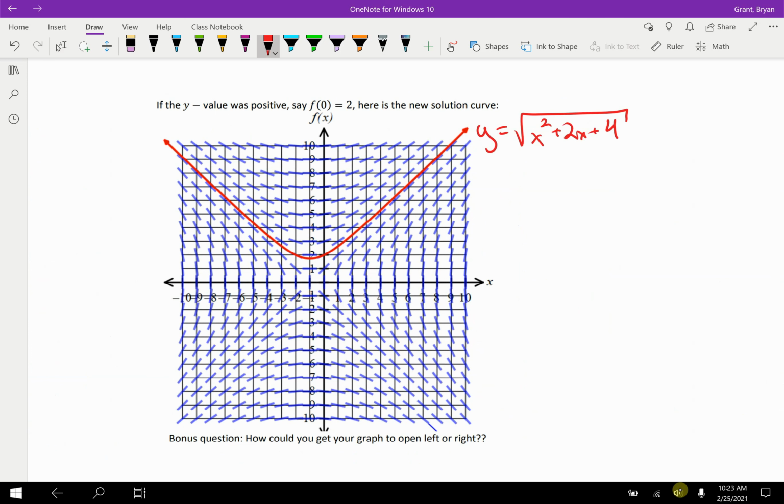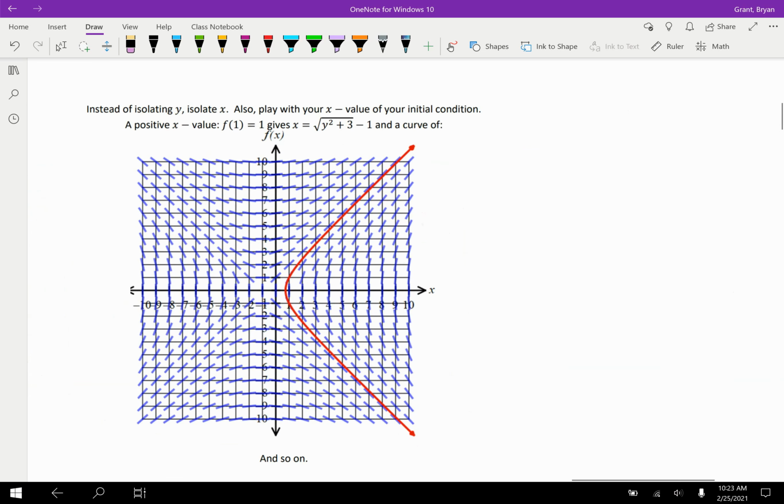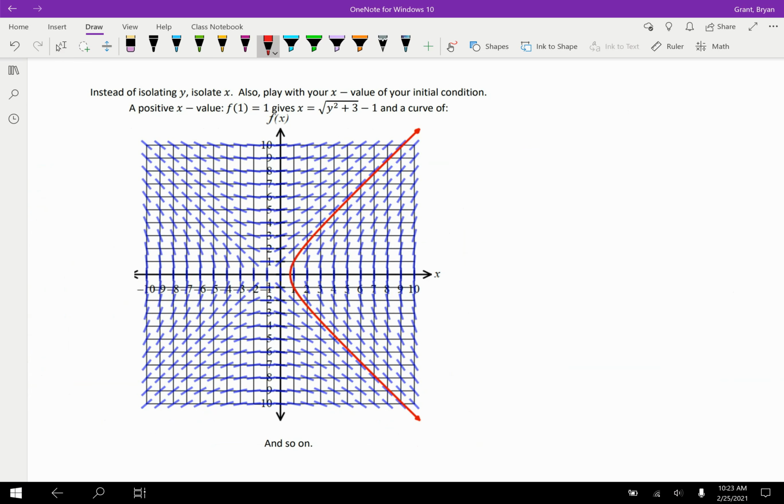Just for fun, any idea how you'd get your graph to open to the left or to the right? Because it actually turns out if you use an initial condition over here and you solve for y again, it doesn't quite work out. Things get a little hairy. But I think I maybe gave it away. But yeah, if you have an initial condition somewhere else, isolate x instead of y. So if you have 1, 1 and you isolate x, that will cause your graph to open to the right.